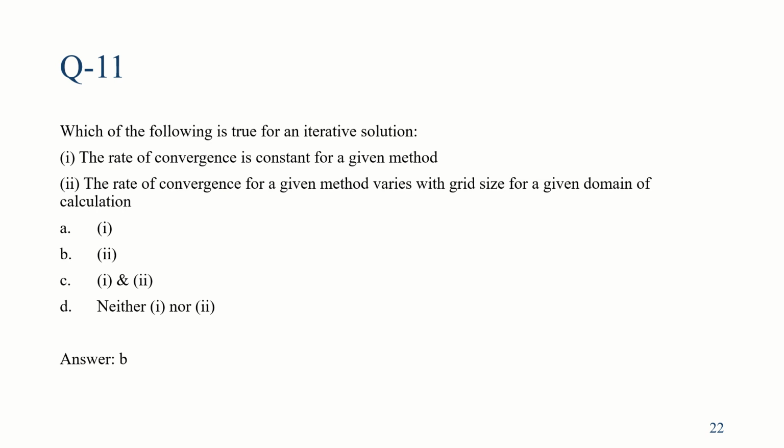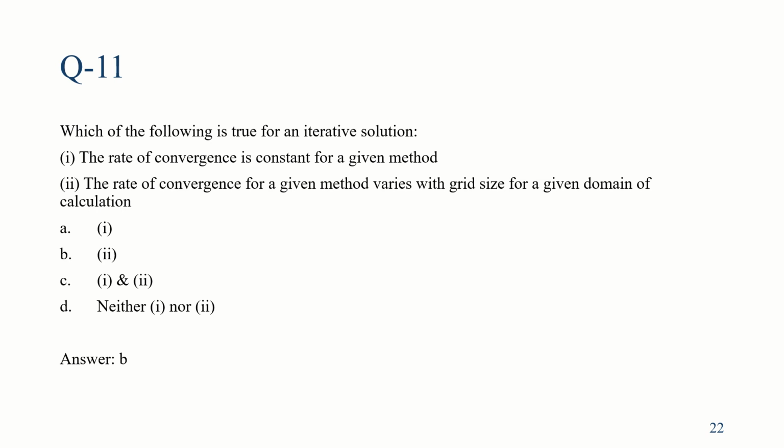So we cannot generally quantify the rate of convergence as a parameter for this particular method. We cannot say this method gives a lower rate of convergence or this method gives a higher rate of convergence. What we can say is that for this particular meshing, it is giving a higher rate of convergence, and for this grid size it is giving a lower rate of convergence. Like that we can say, but we cannot make it a constant.